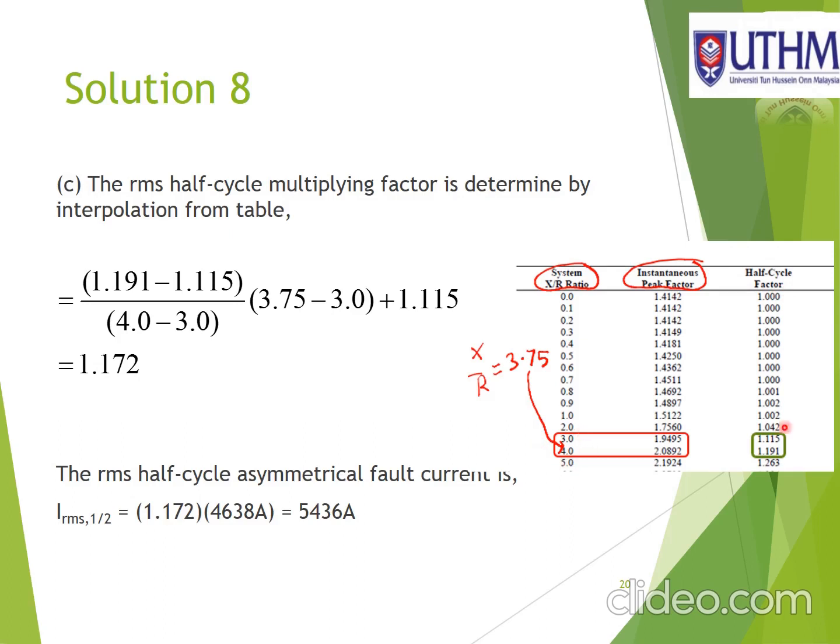The half cycle factor is 1.115 for 3 and 1.191 for 4. By using interpolation, we get the factor as 1.172 for X/R ratio 3.75. After we get the factor, we calculate the RMS value. The RMS for half cycle is equal to the factor times the IRMS, which is equal to this value.